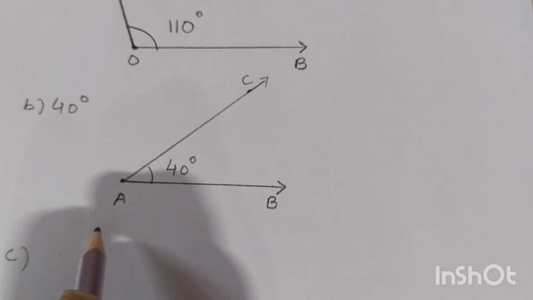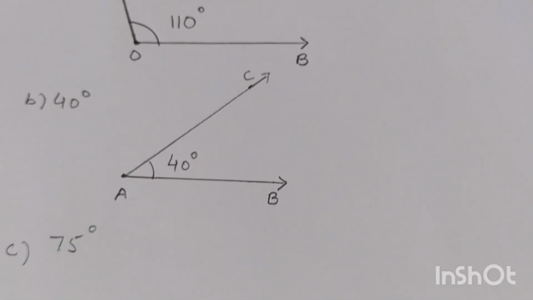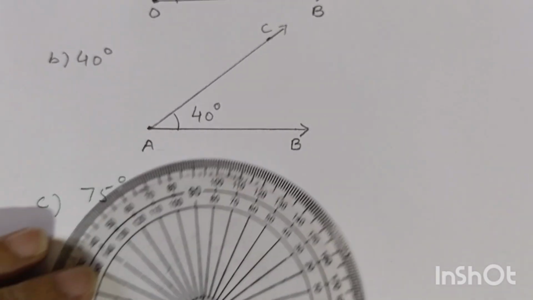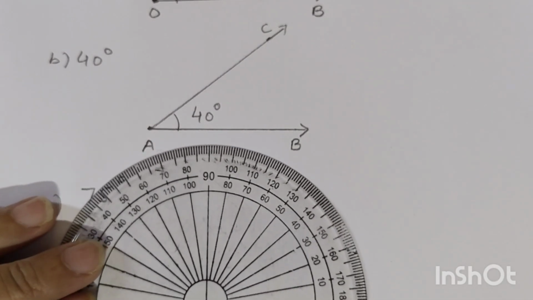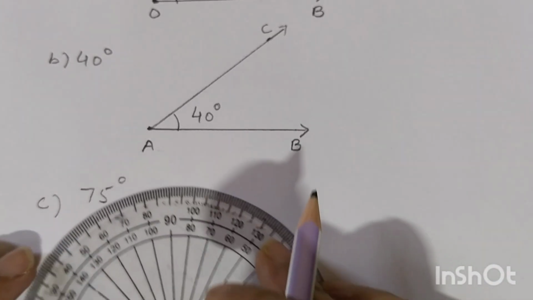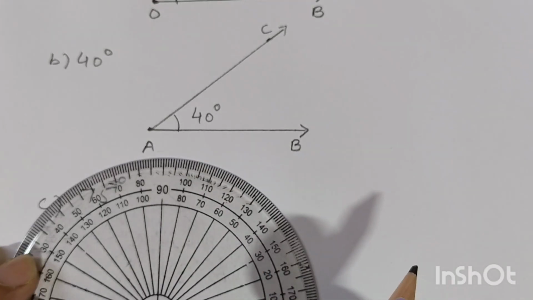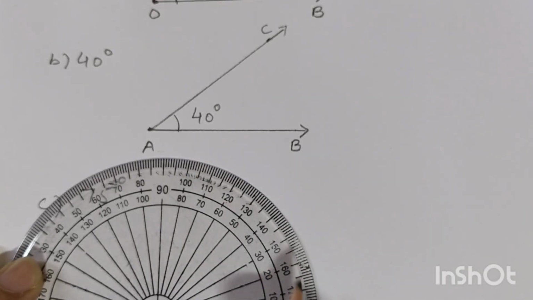C part is 75 degree. Mark a line again. Name the line OP. Then take O as center. Starting from 0, mark at 75.